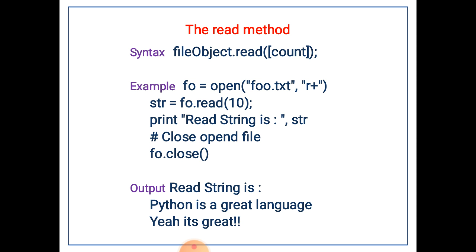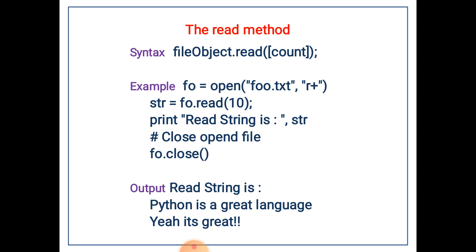So here the read string actually should contain only the 10 letters, that is PYTHON space IS space. Here we do not see a great language. Here it's great because the second line has been given the command to read only the 10 letters.